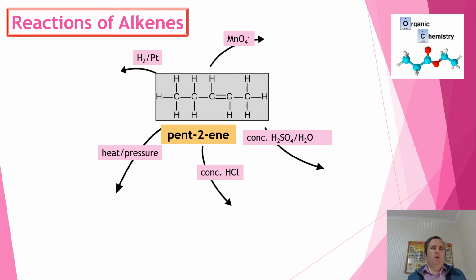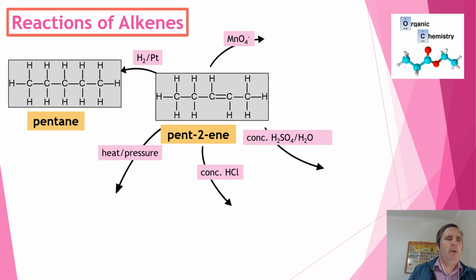Once you've drawn out what's there, go through and see if you can write what are the products formed by each one of these reactions, the reagents, and can you also write down the type of reaction that each one of these reactions is undergoing. So stop the video and then restart it again to check what the answers are.